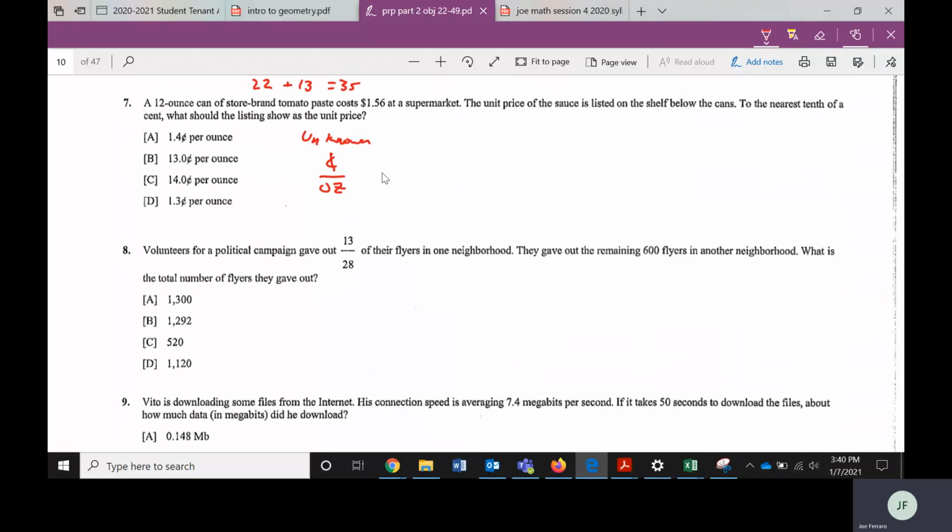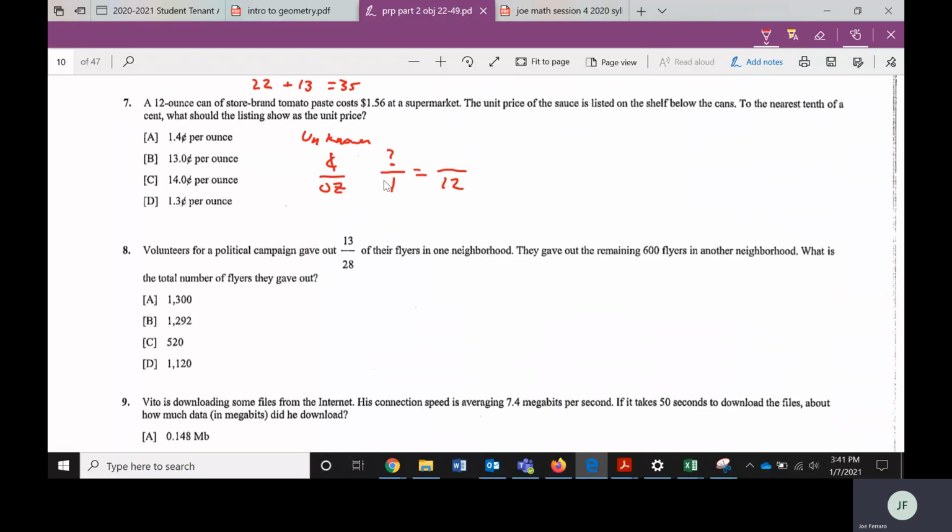Okay, now if we're trying to figure out, we should know one of these numbers. Okay, unit price means price per 1 unit, and this unit is ounces. So the number we know is the 1. The cents it costs per each is what we don't know. Okay, so now we look at the known pair and see if we have both of that. We have a 12-ounce can, so it's cost for 12 ounces, and we have $1.56. Now you have to be careful here.